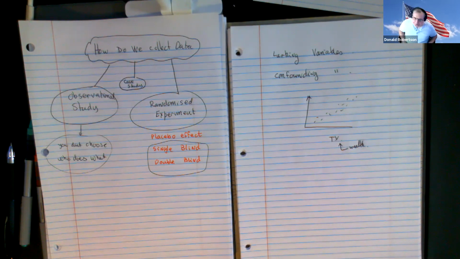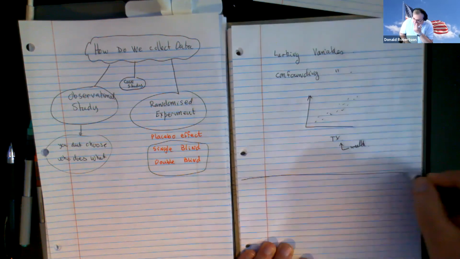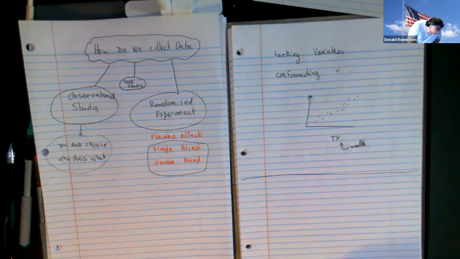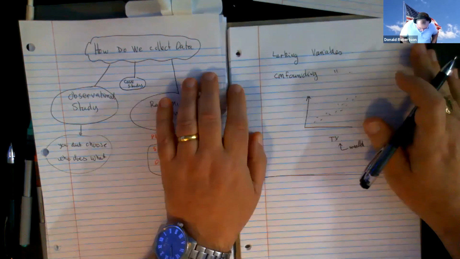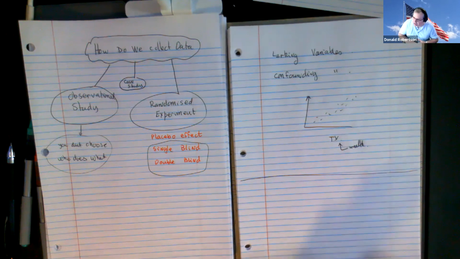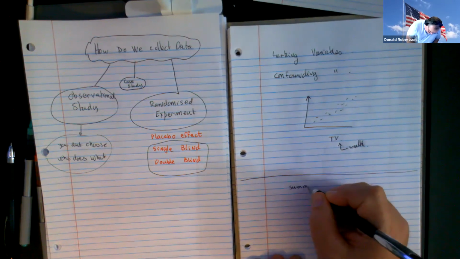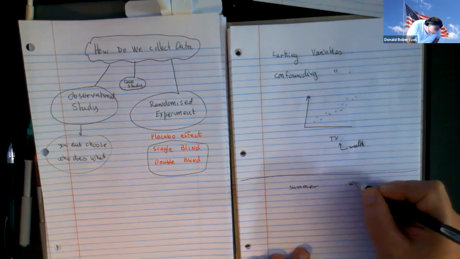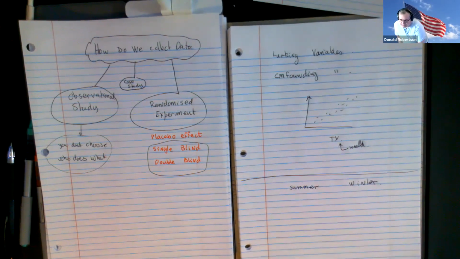So what's a confounding variable? Well, it's a little bit subtler. So here is an example of a situation where there's a confounding variable. There's a summer and there's winter.